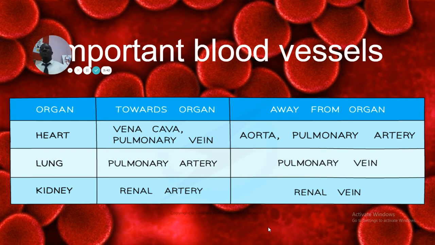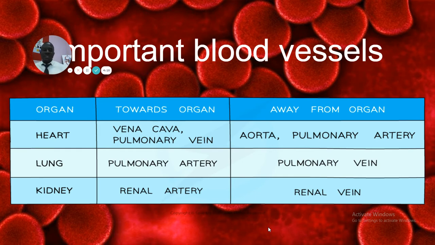That's why the blood moving away from the heart to go to the lungs to pick oxygen is carried by the pulmonary artery. Veins carry blood towards the heart, and that's why the pulmonary vein carries oxygenated blood from the lungs to the left atrium of the heart.